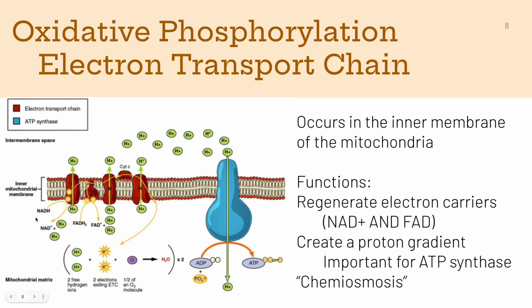So the NADH will turn back into NAD plus and work itself back into the Krebs cycle. Same thing with FADH2 and FAD. All right, and then as we give those protons to this proton gradient and work through the electron transport chain, those protons serve a very important purpose as we look into this last step here.